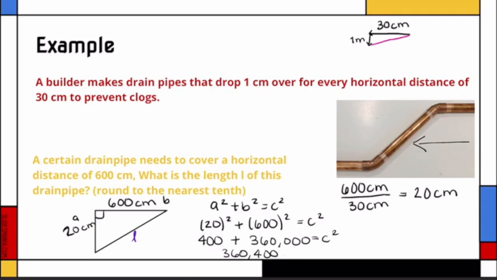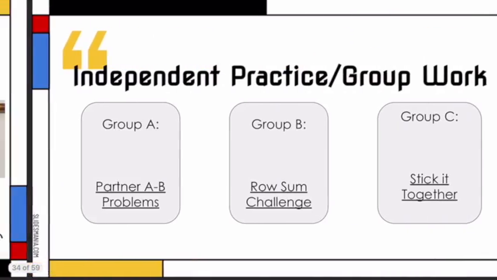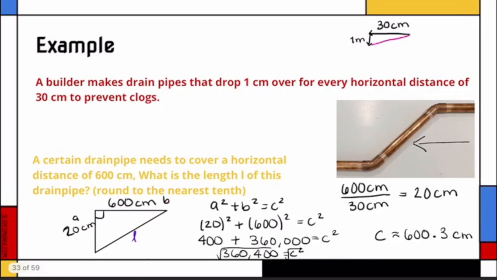We're going to add 400 to that to get 360,400 equal to C squared. Then take the square root of that on both sides. So C is about, rounding to the nearest tenth, 600.3 centimeters. So our drain pipe here is going to be about 600.3 centimeters long.